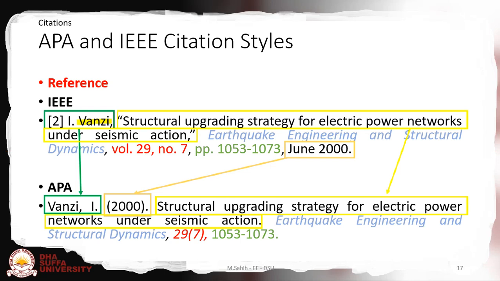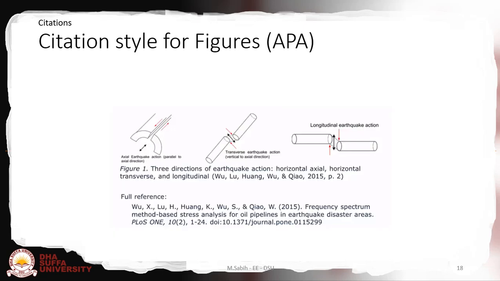Then comes the title of the paper, and then we have the journal name, and the page numbers, you see the page numbers are a little different in APA and IEEE, and also the way in APA the volume and the issue number are put together in APA. So this is a little difference between the APA and IEEE citation styles.